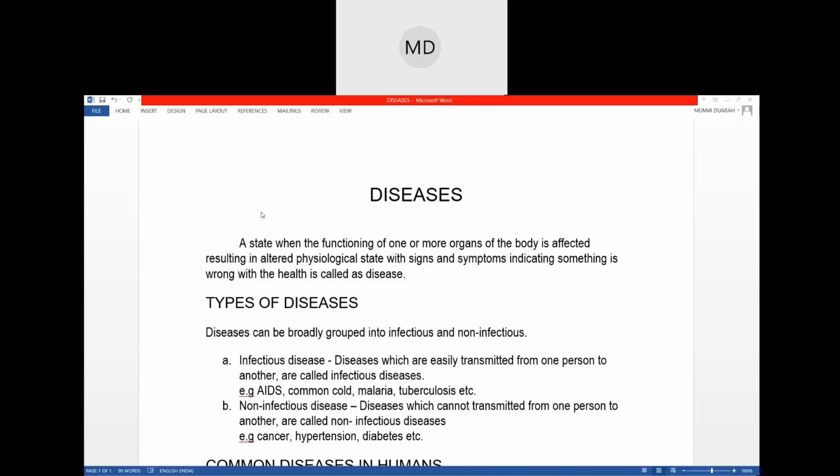It is a state of the body when one or more organs, or all the organs, get infected or affected, and the result is that there are some symptoms that occur in our body due to that particular disease.